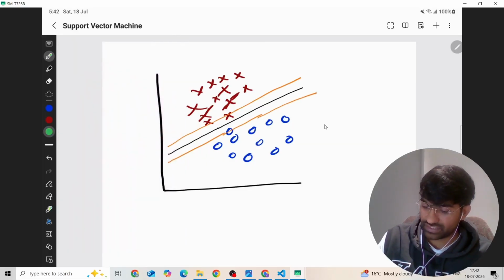So this is the best fit line, and these are the margins.